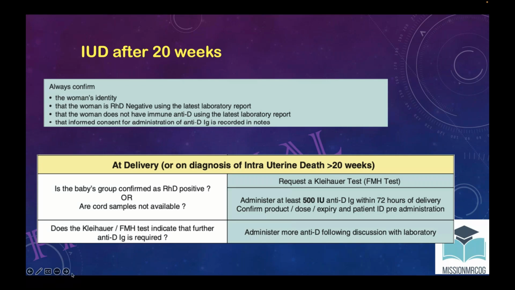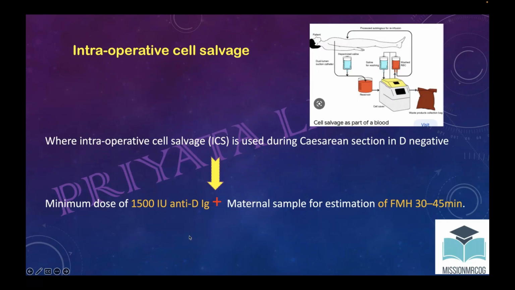Now, if intraoperative cell salvage has been done during cesarean section, then in that situation a large amount of anti-D is given. It will be 1500 international units, and a maternal sample is to be taken for FMH within 30 to 45 minutes. You will find this question from here in the exam.